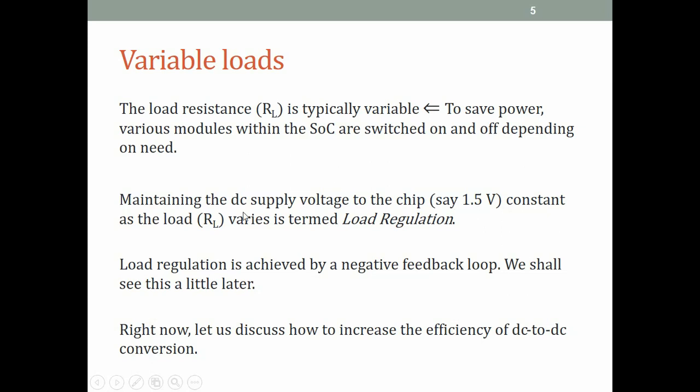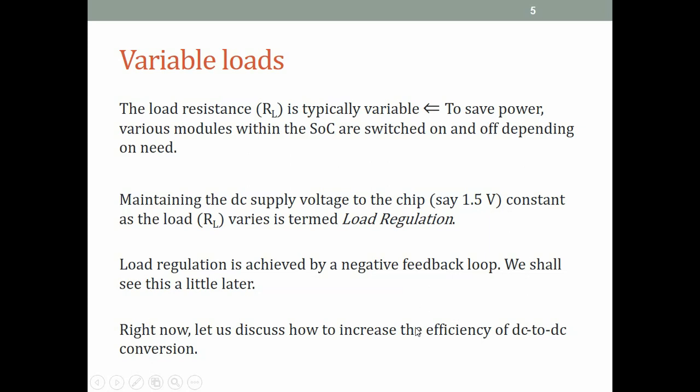Maintaining the DC supply voltage constant as RL varies is called load regulation, regulating the voltage as a function of load variation. Load regulation is achieved by a negative feedback loop. We'll see this a little later, after one or two lectures.